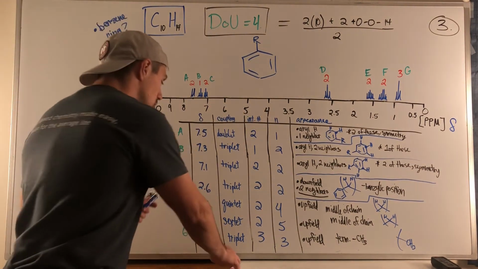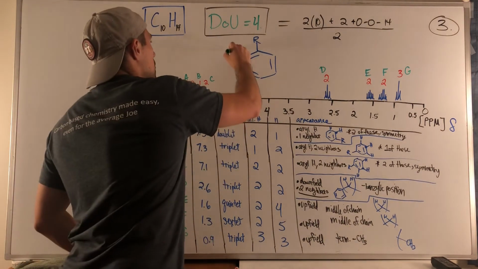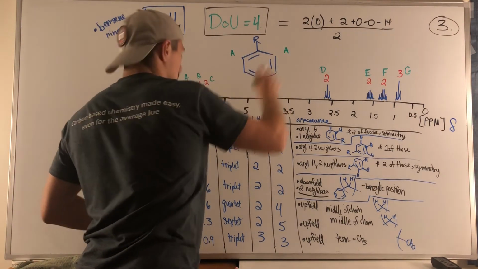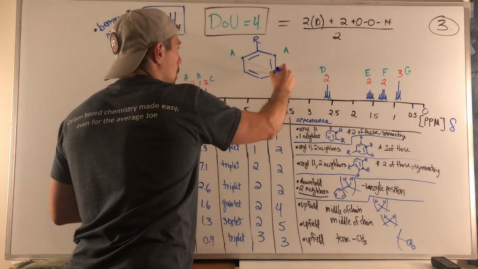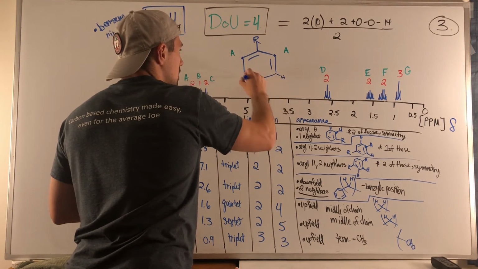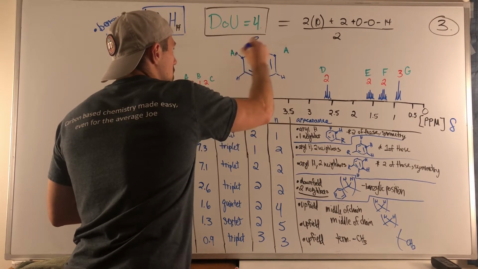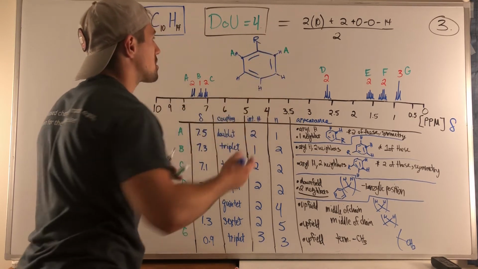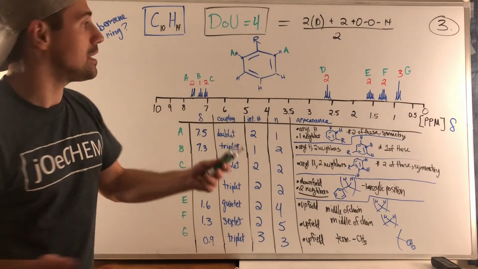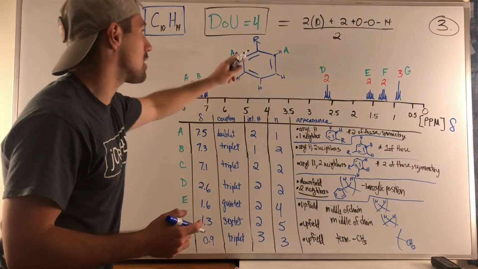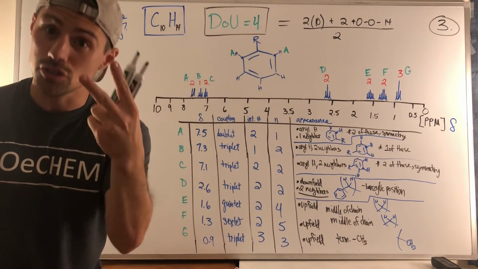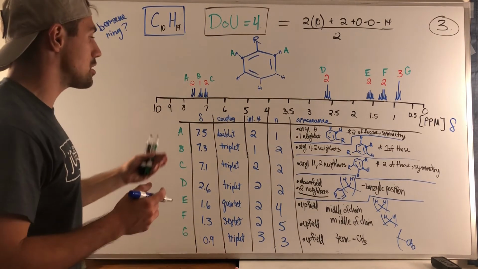So I'm going to go ahead and say A is right here and here, because that means we'd only have 1 neighbor there with A, because the R group is going to occupy where another hydrogen would be. So A is in this position because it can only split with the hydrogen right down there, and there's symmetry. So 1 peak corresponds to 2 hydrogens, as seen by the integration number.